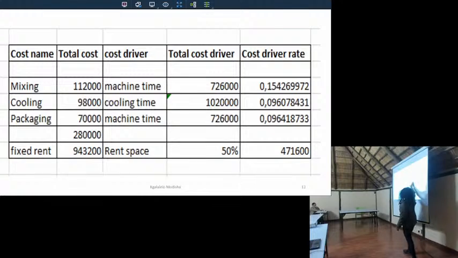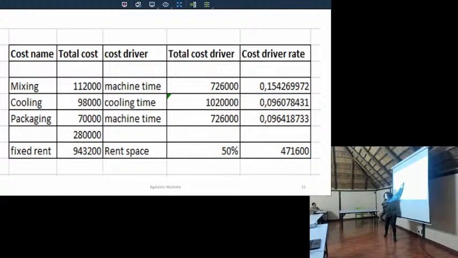Do you agree that this is the total cost of my other indirect costs, right? So this is the allocation that we use for the 40, 20, 25. But do you agree that I can't just allocate this to a product? How will I know what each one did?